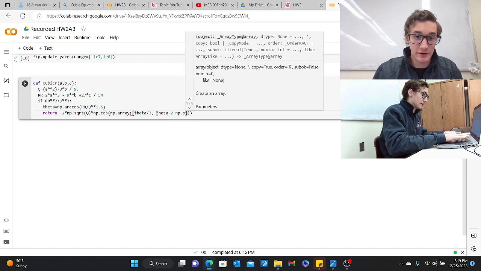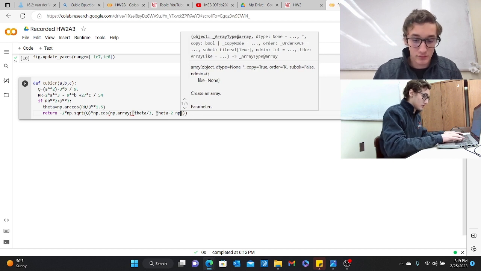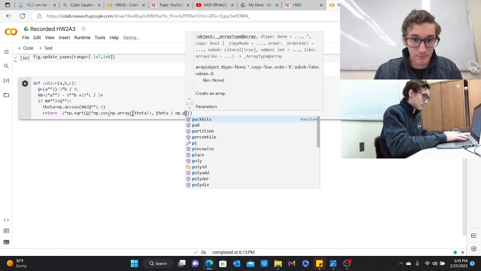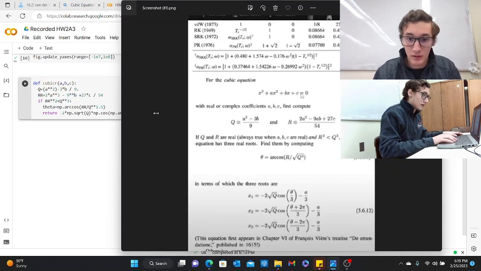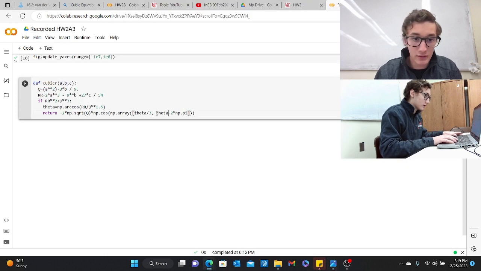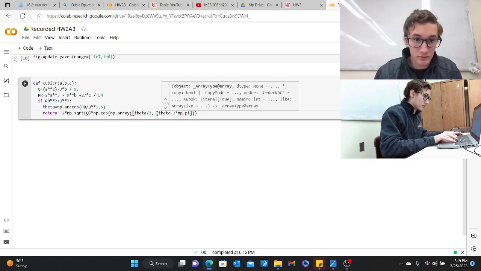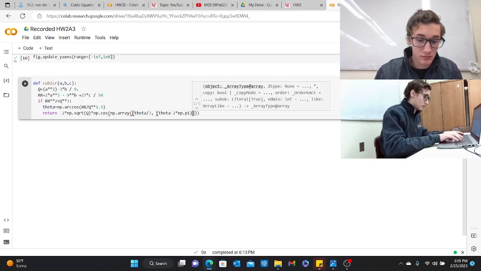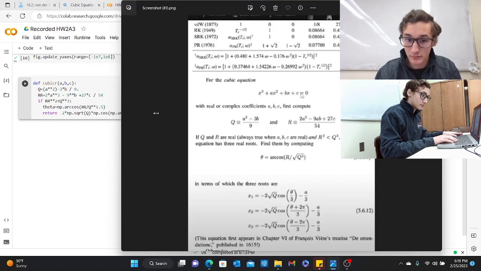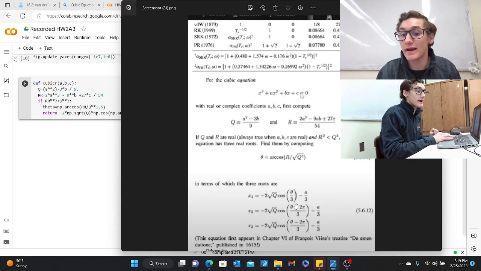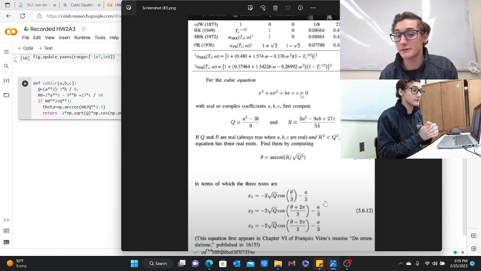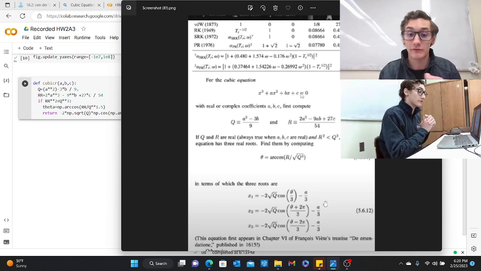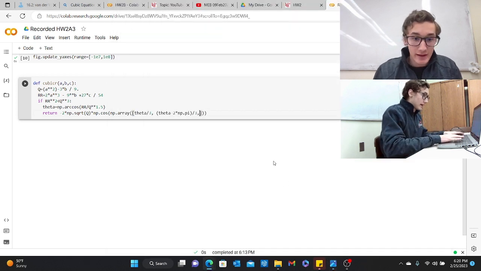Let me see if this is right. Yeah, np pi. And we're going to multiply that. And then we want to divide the whole thing by 3. Okay. That works. And another thing, you see we have minus a3 on the end of every one of these roots. We're going to put that at the end, kind of how we put negative 2 square root of Q on the front end. So that's the second root.